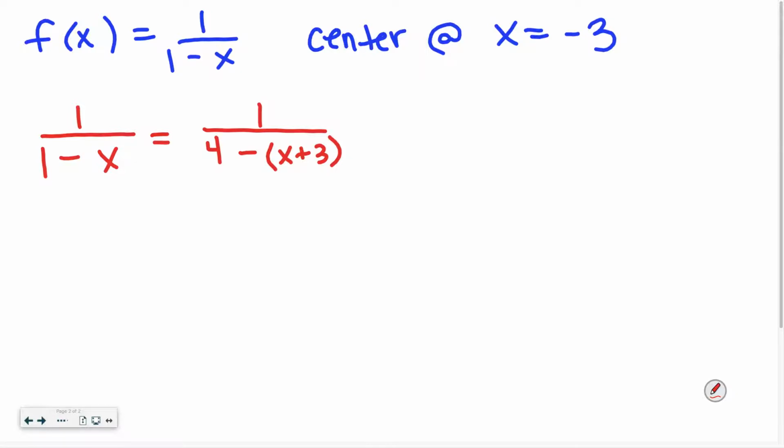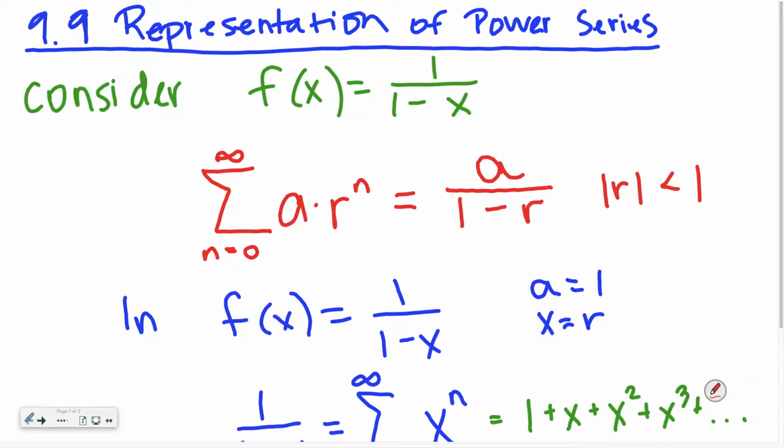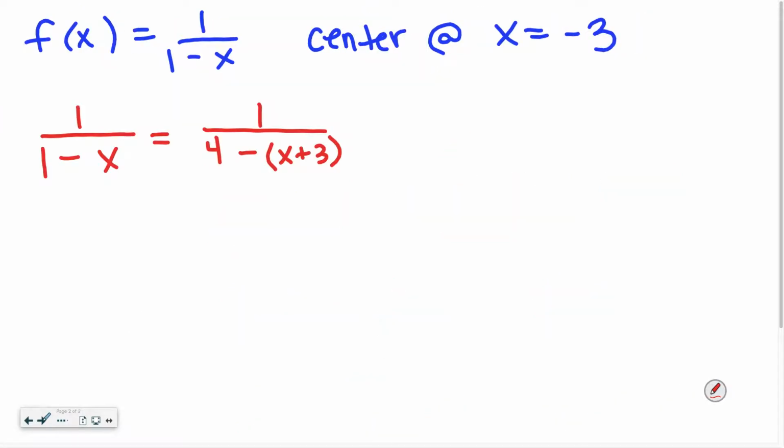Okay, now look back at that geometric formula. A over what? We have to follow this pattern right here: a over 1 minus r. Is that what that looks like? No. We need to force this guy right here to be a 1.